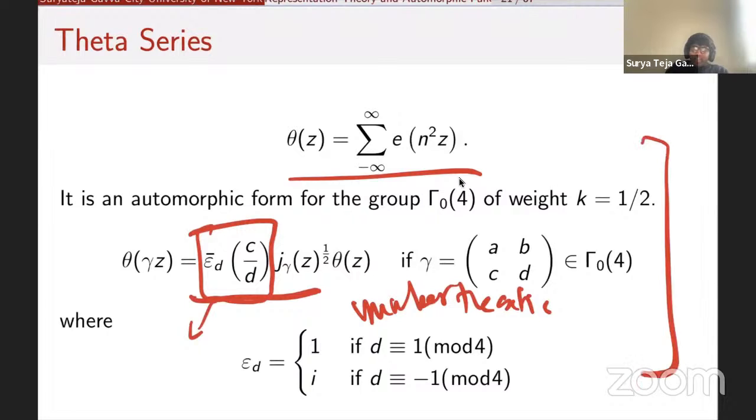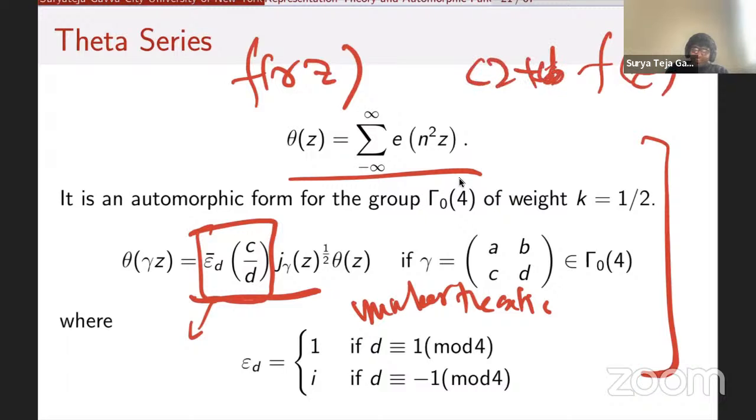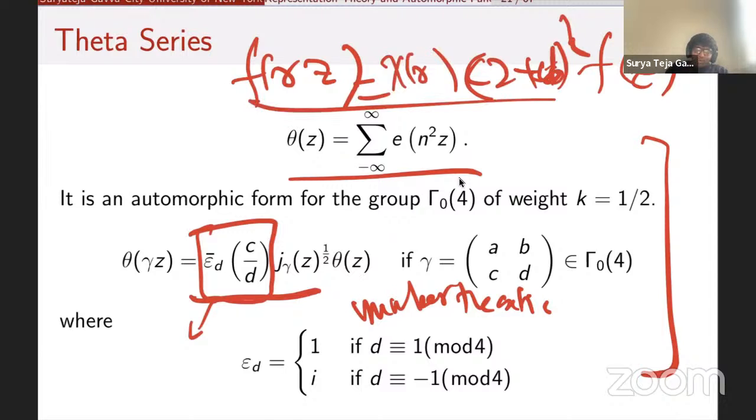So in general, it's f of gamma z equals (cz plus d) to the k times f of z, and some extra factors. People have been studying this, and they would change this gamma or change these extra factors. So what are the parameters that you have? You have the gamma, which tells you under what action you are periodic.